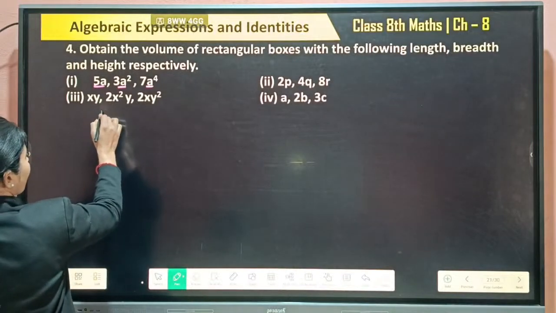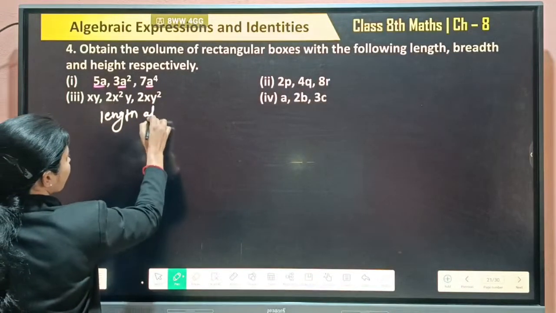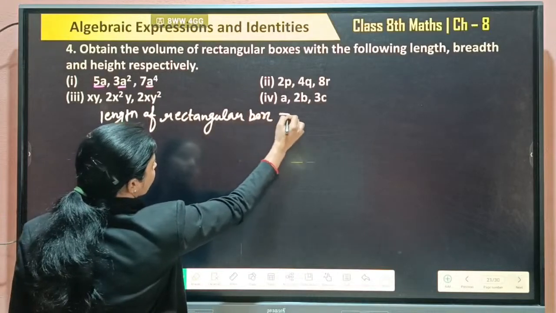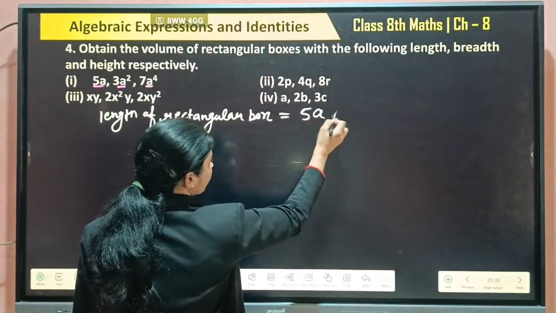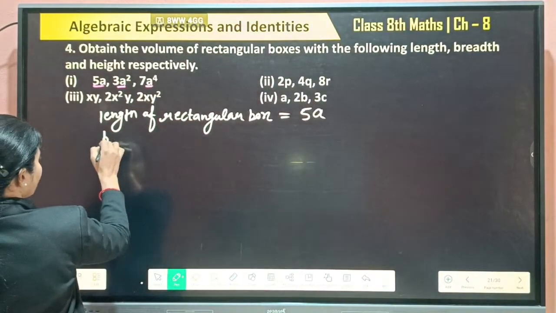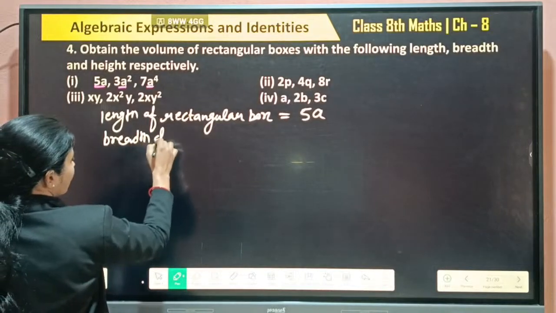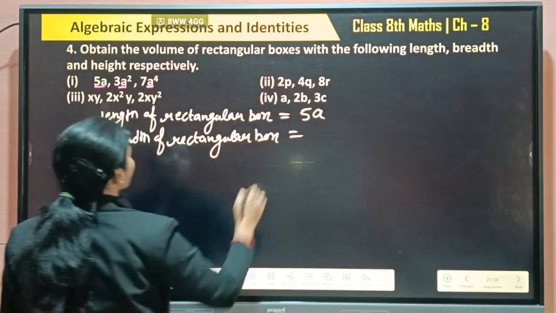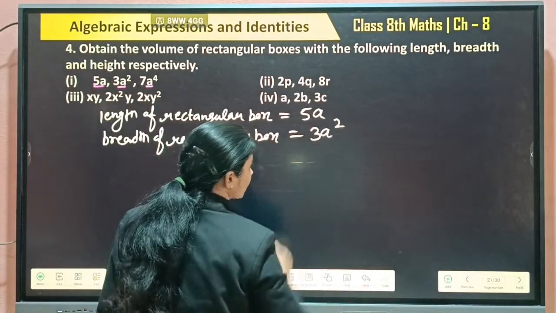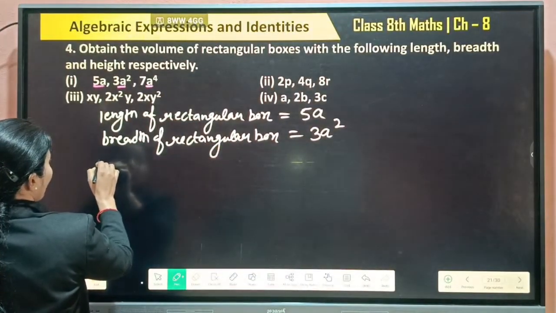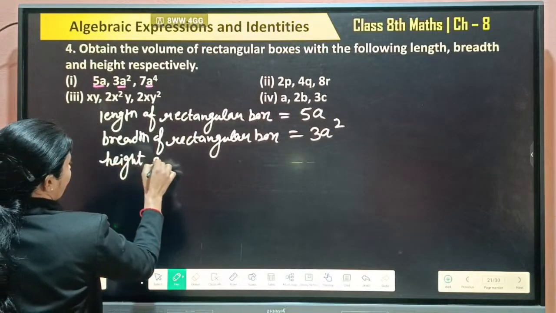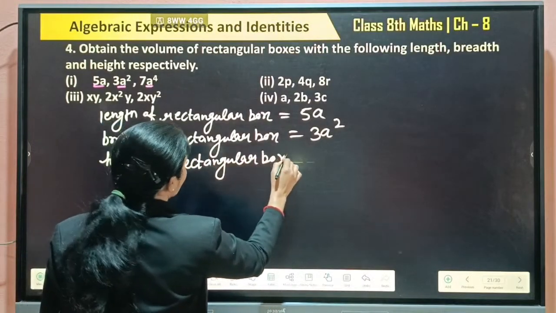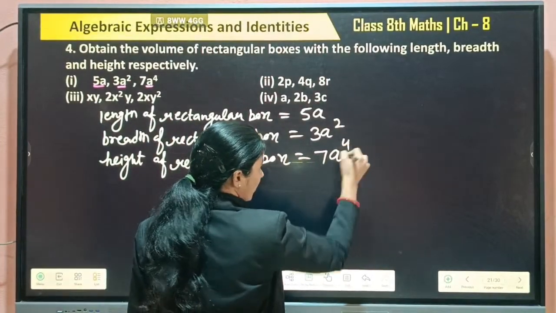You will write: length of a rectangular box is 5a, breadth of a rectangular box is 3a square, height of a rectangular box is 7a raised to power 4.